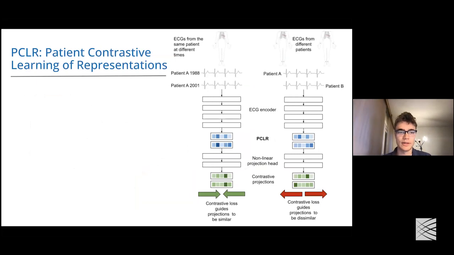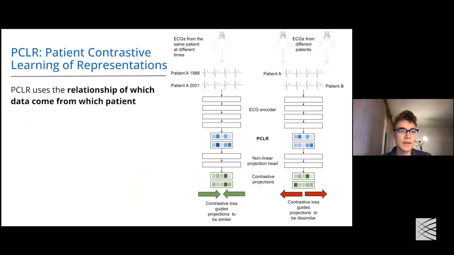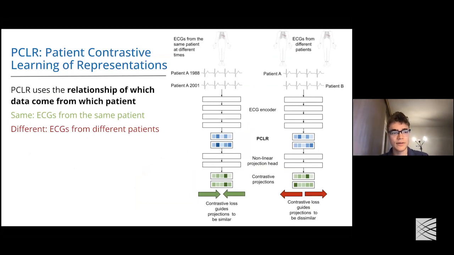Patient contrastive learning of representations, PCLR, our work, instead of using augmentations, uses the relationship of which data comes from which patient to define positive and negative pairs. Our definition of sameness, or positive pairs, is when ECGs come from the same patient. Our definition of different is when ECGs come from different patients.